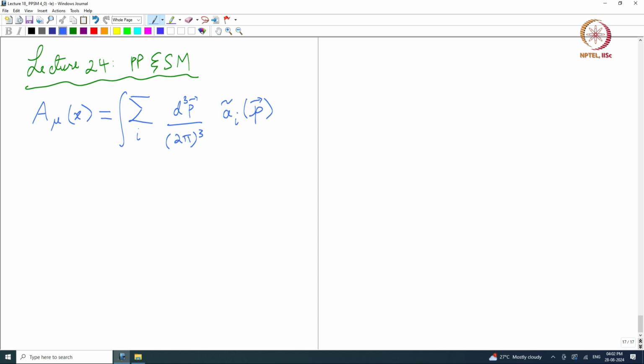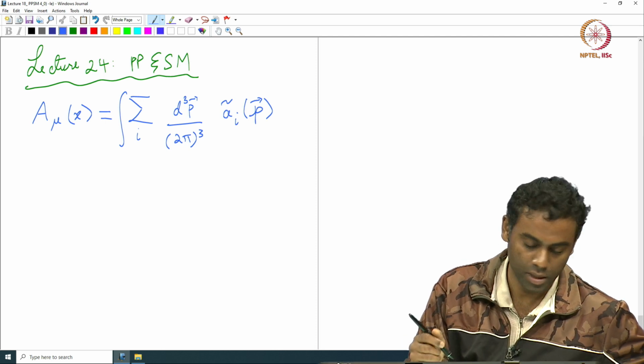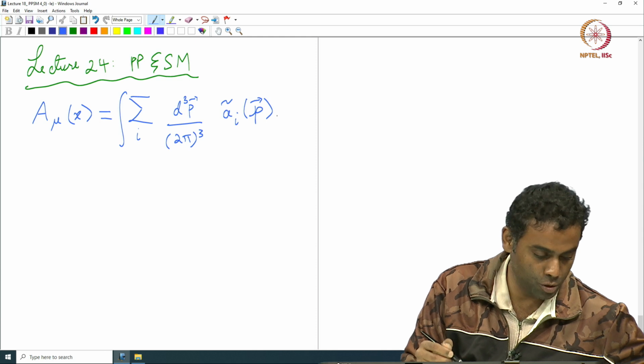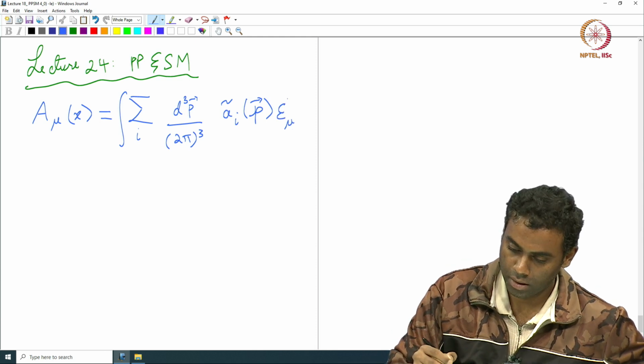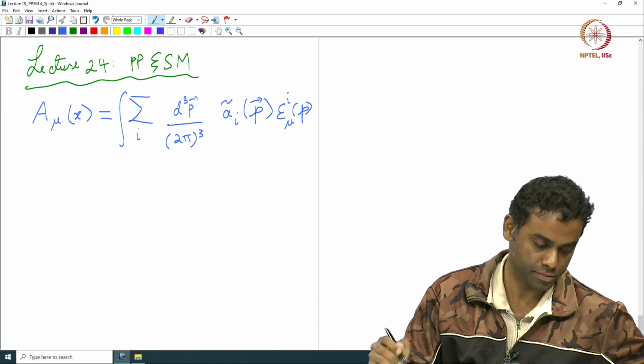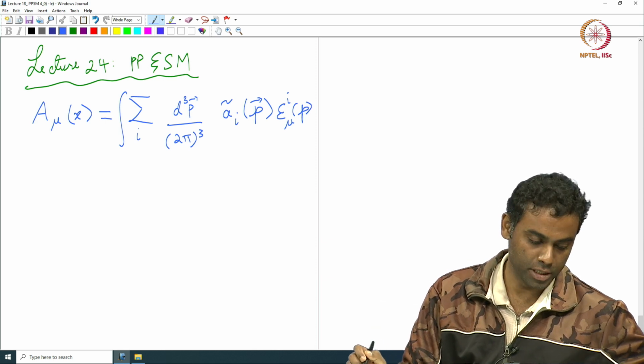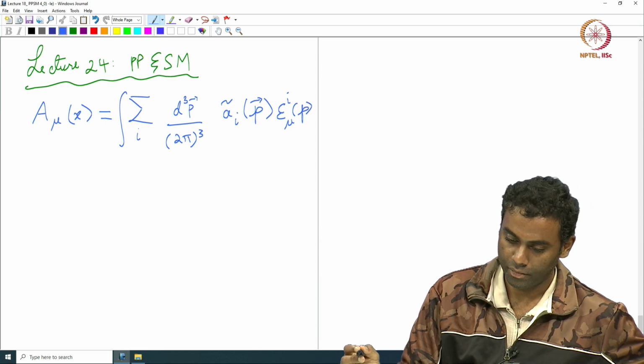Okay. So, I have written this as a quantum operator, but where is the Lorentz index? That does not sit on A, okay, because that is still an operator. So, that index I am going to give to the polarization, okay.